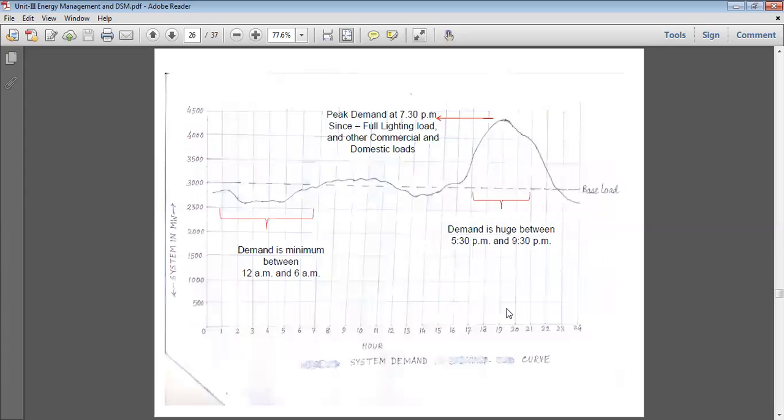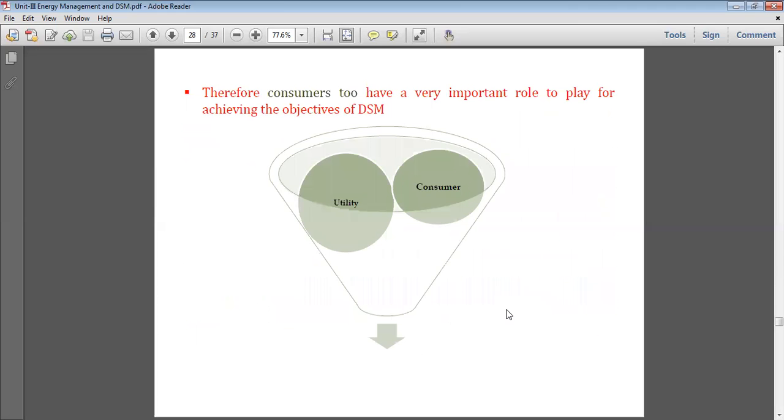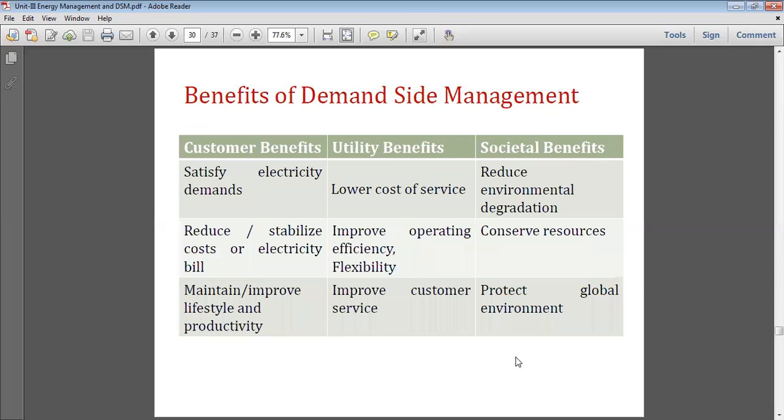We found that the participation of both consumer and utility will give a fruitful result from demand side management.